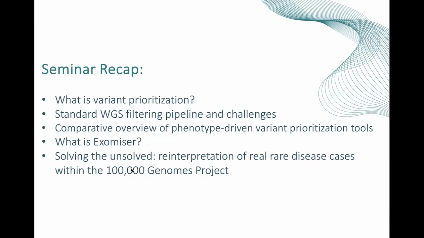And finally, we introduced Exomiser, and we explored an example of real-world application by showing our recent interpretation project with the 100,000 Genomes Project data, where Exomiser plays a key role in solving previously undiagnosed rare disease cases.